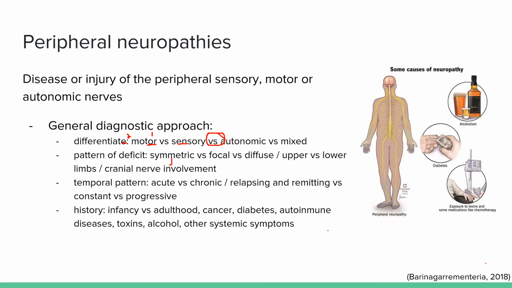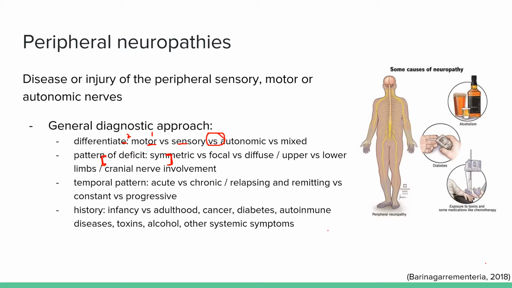This is important because a lot of the diseases we're going to talk about at the end have symptoms related to this, so this can help us in the diagnosis of the disease.